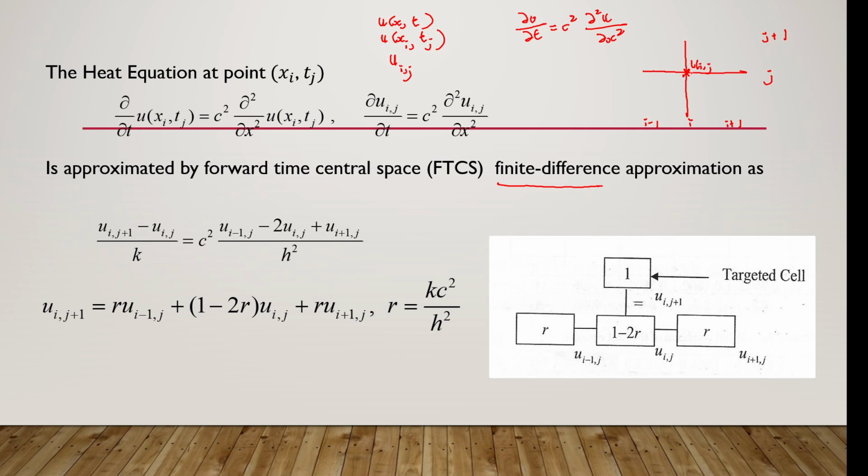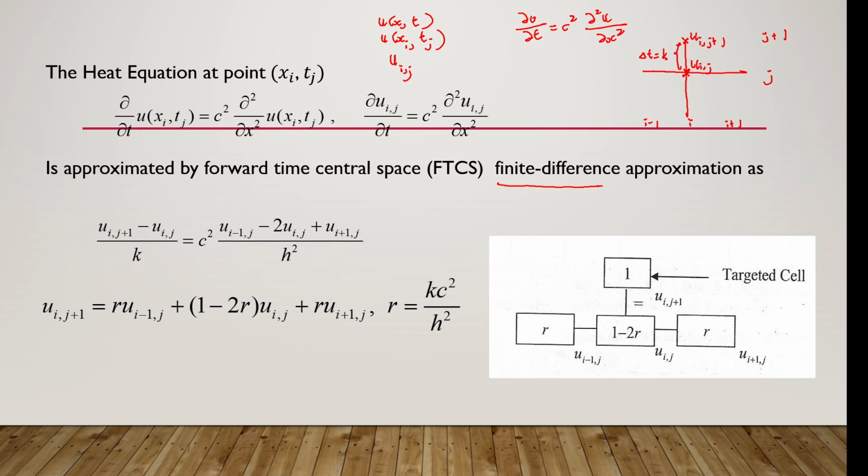Using 2-point forward, standing at this point x_i, t_j, which refers to u_ij, you need the point ahead, which is u_i,j+1. So for the time derivative, you have (u_i,j+1 − u_ij)/k, because here Δt equals k. That's why ∂u_ij/∂t is (u_i,j+1 − u_ij)/k.